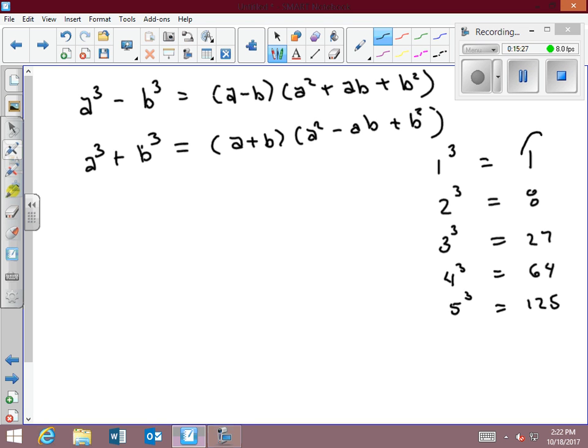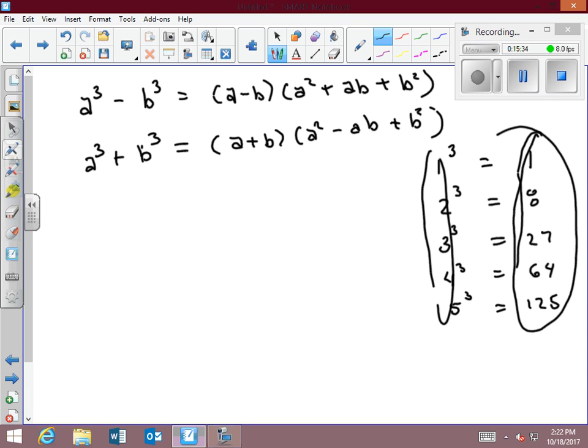So when you're doing a cubed plus b cubed, what numbers are you looking for? If you're looking for numbers, these numbers cubed, then you're going to see these numbers, right? You understand? See, if you're given x cubed plus 125, then what do you know it is? You know it's x cubed plus 5 cubed.